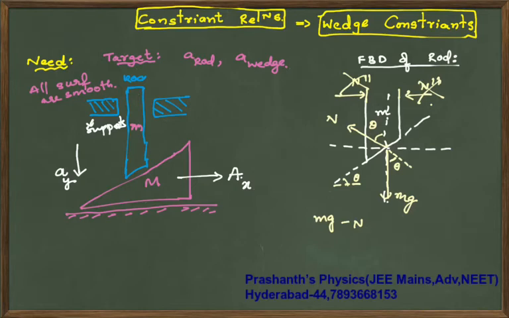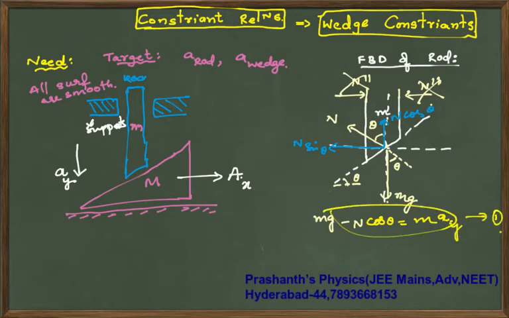I can replace my N with two components. One is N sin theta and the other part is N cos theta. So if you are writing the FBD, your answer will become mg minus N cos theta is equal to ma, equation number 1.